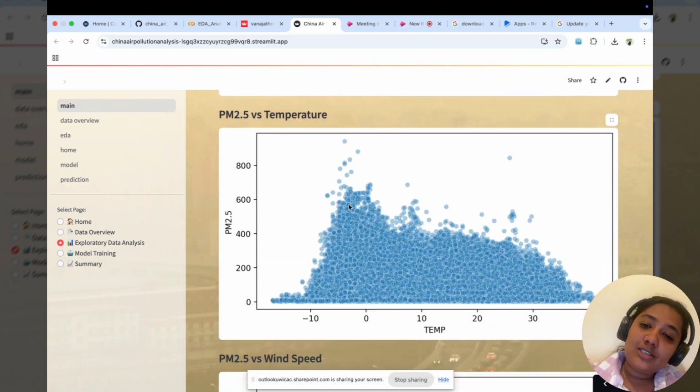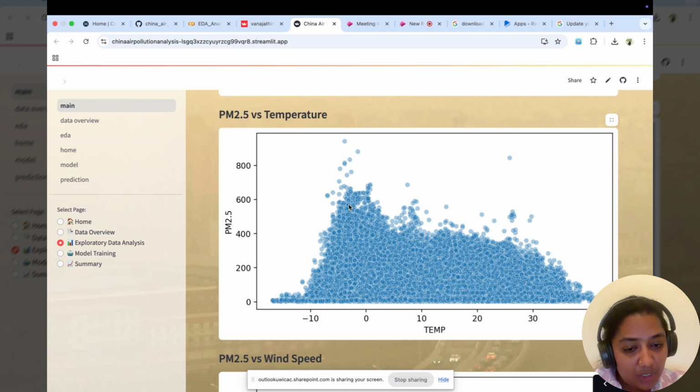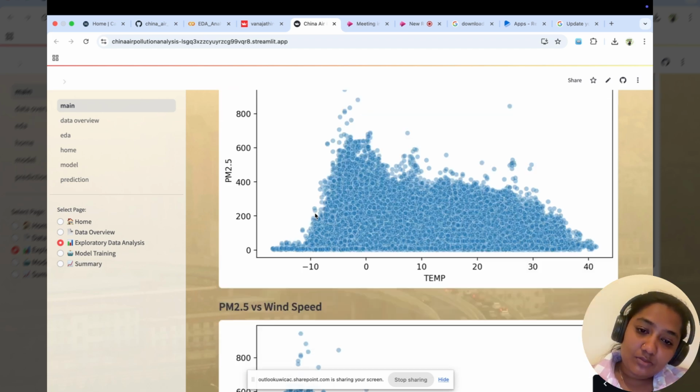And moving on to the next one, PM 2.5 versus temperature. According to the temperature, from minus 10 to 20, we can see there is a lot of concentration. The PM 2.5 was high.